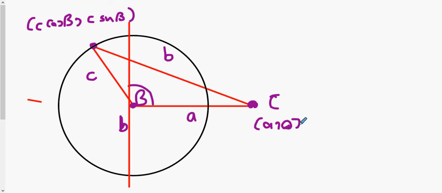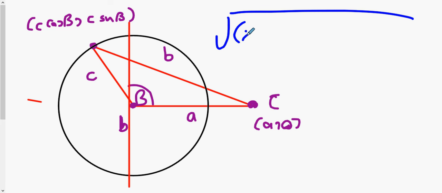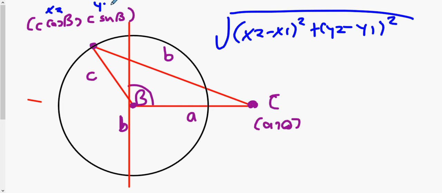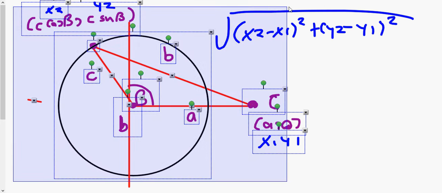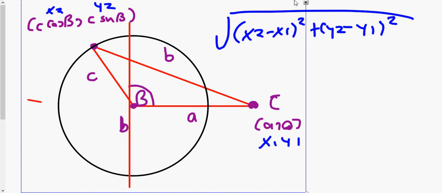And then what do you do next, lads? Okay. x2, y2, and x1, y1. Alright. I'm just gonna shrink this diagram all the way down.